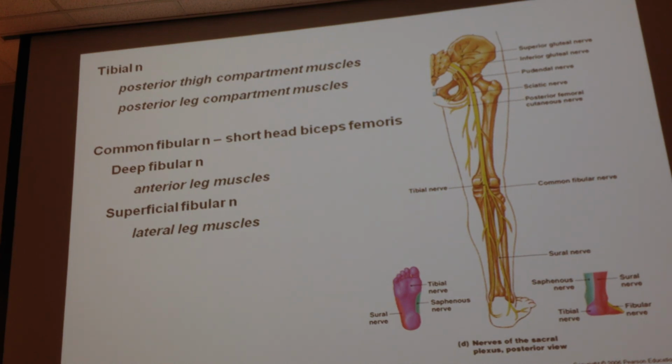Interestingly, deep fibular is also sensory, but to just a small portion of the foot. The web space between your big toe and second toe. That tiny little piece of skin there is the only sensory area that deep fibular innervates. If you get a blister wearing your summer thongs or flip-flops for the first time with that piece of rubber between your big toe and second toe, that's the deep fibular nerve.